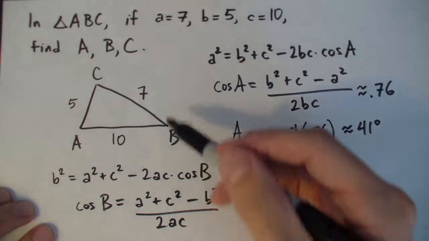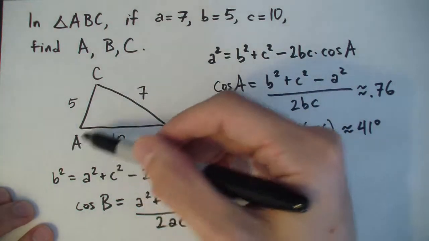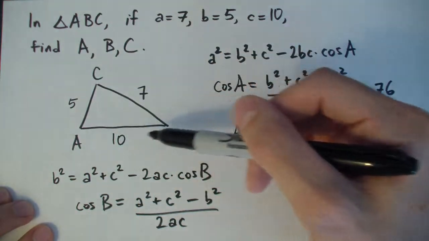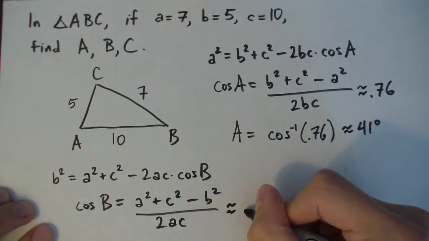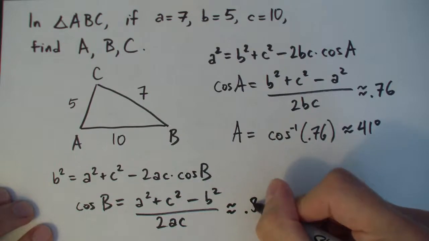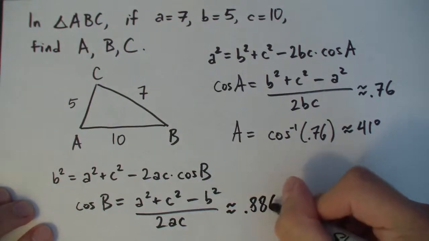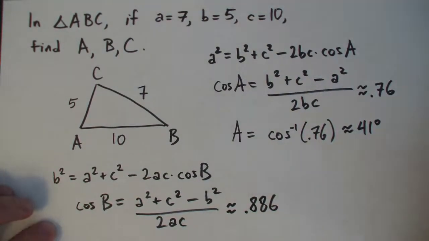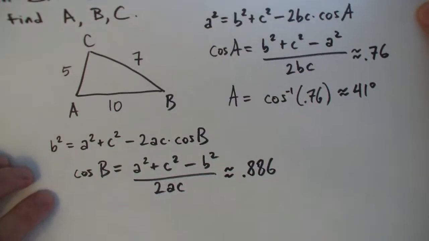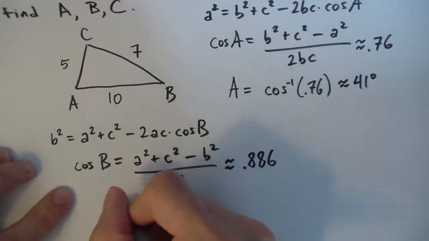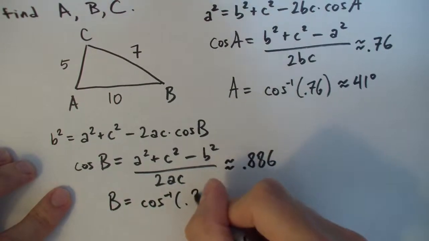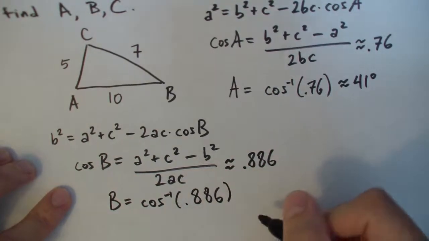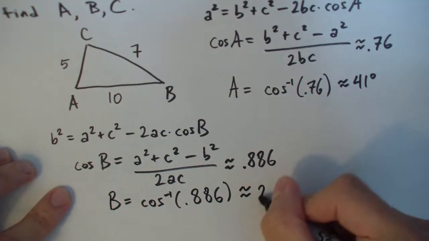When we evaluate this using all the sides that we know, a is 7, c is 10, b is 5, what we find is that cos of b is approximately 0.886. And so knowing that, we can take the inverse cosine to find what b is. So b will be the inverse cosine of 0.886, and that comes out to be about 28 degrees.